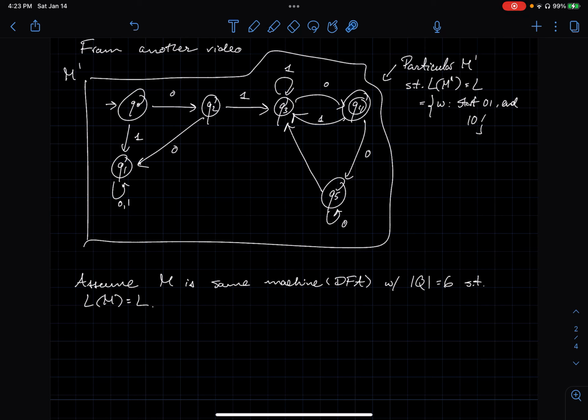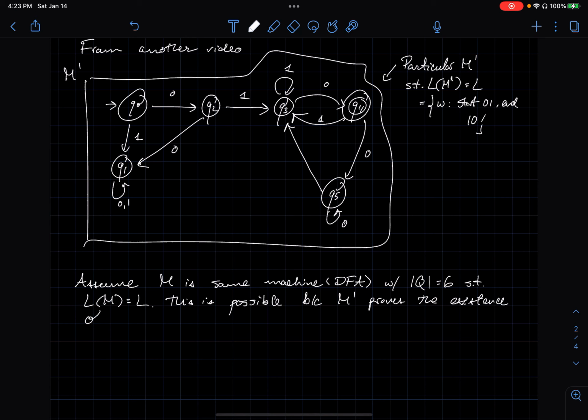So M prime tells us that this assumption is a harmless assumption, that I'm not breaking any rules by making this assumption. So this is possible because M prime proves the existence of one such machine.